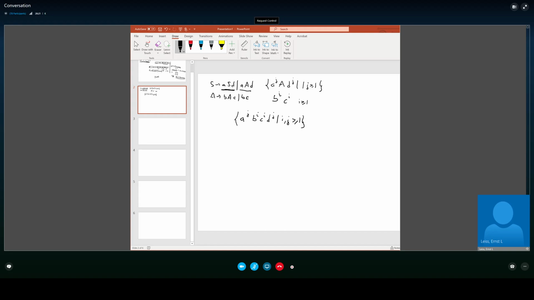And so what you have to do then is read a word, and put a marker on the stack for every A that you see. There's at least one A, so you don't have to worry about the epsilon in this particular case. You put an A marker on the stack for every little a, and you keep doing that as long as you see little a's.